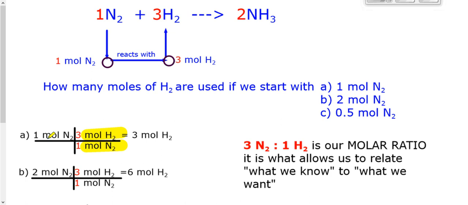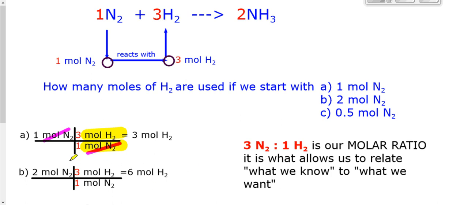This way the words moles of nitrogen will cancel, and I'll be left with moles of hydrogen as an answer. 1 times 3 divided by 1 is 3 moles of hydrogen. Now that seems like a lot of work for something you could just see, but we're going to use this molar ratio, the ratio between the two different species we're talking about, in many places in stoichiometry.